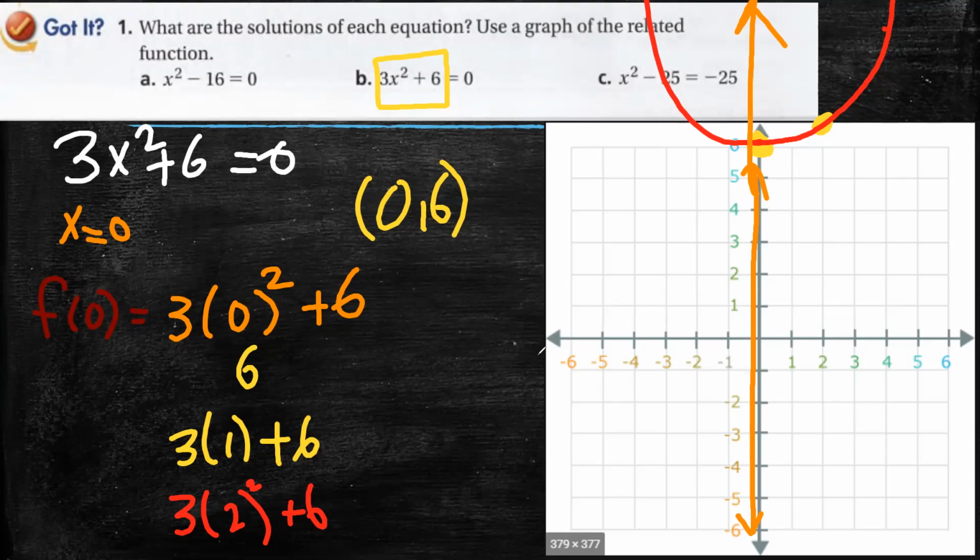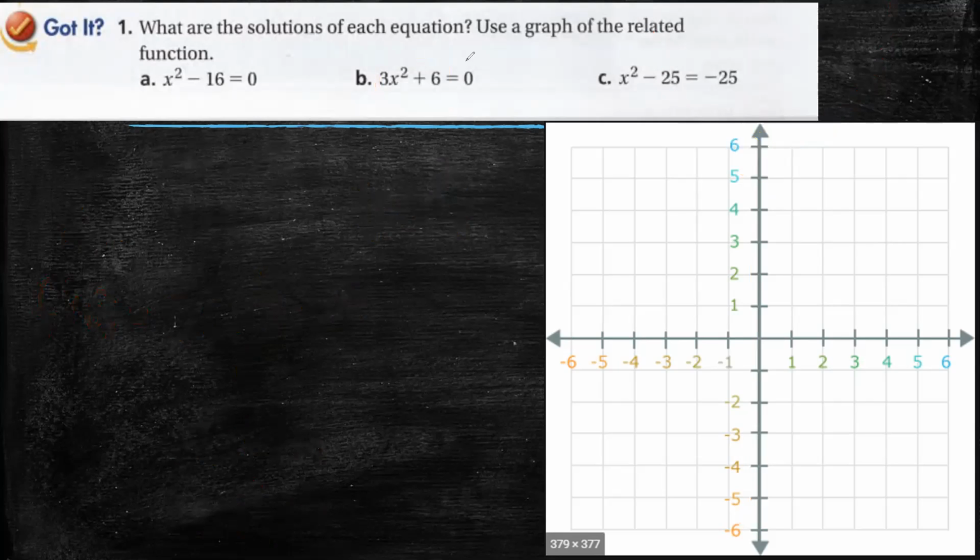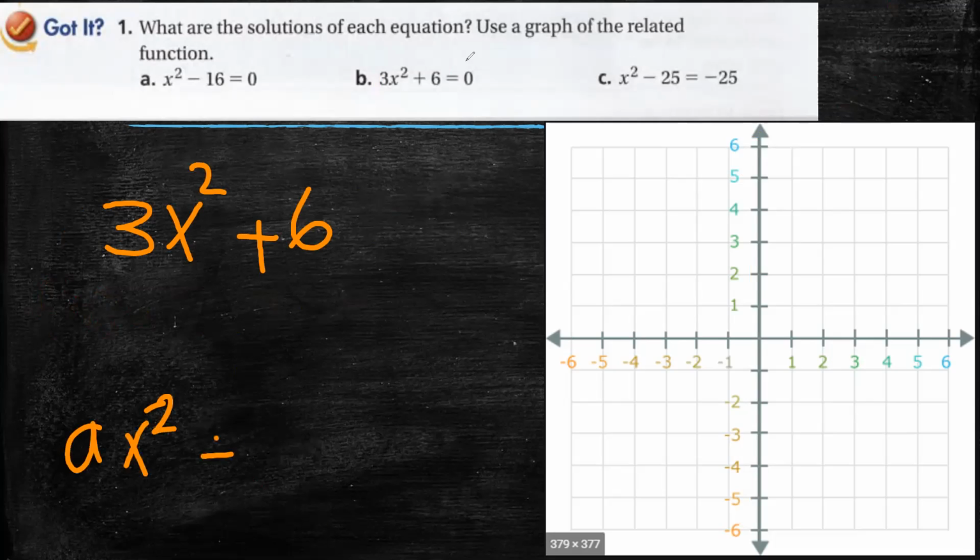Teacher, I have a question. When can I know where the b is? Why is 6, for example, not the b? This equation is 3x squared plus 6. The standard form is ax squared plus bx plus c.